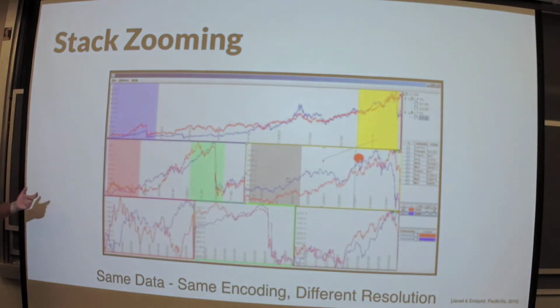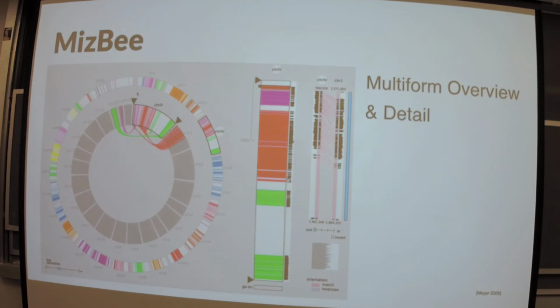Then somebody made more selections, a red and a green, and then this gray region, and those are zoomed out down here. So you have the same visual encoding, the same data, but three different zoom levels, and you just show where they are located in the respective higher level charts. So different resolution, same data, same encoding.